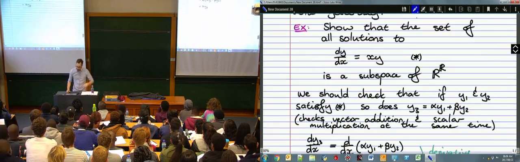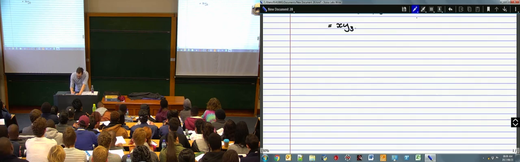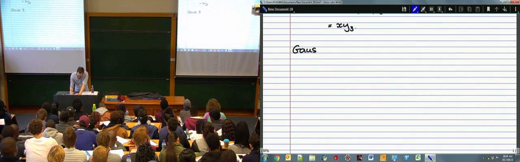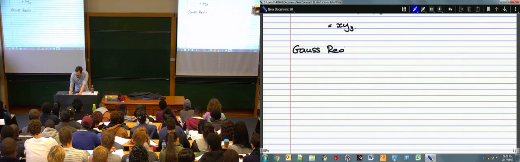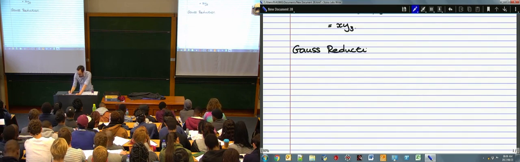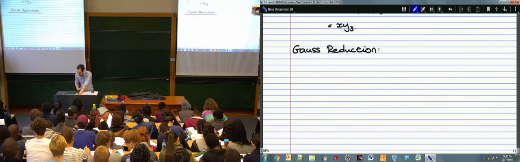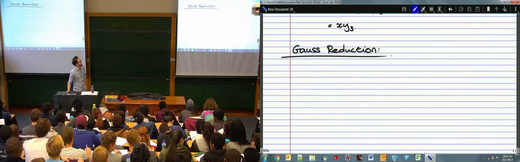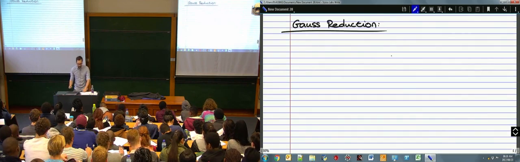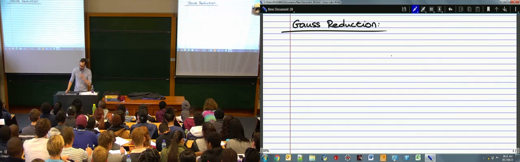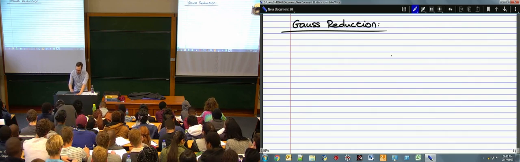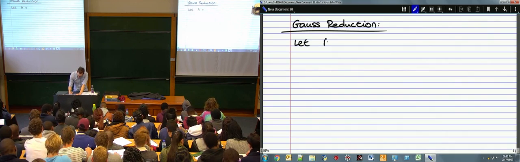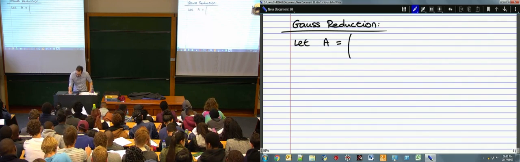We have to talk about Gauss reduction, which is very important but can be quite time-consuming to explain. And you're going to have to watch me carefully, since invariably I'm going to make a mistake with signs or subtraction or something at some stage. But we're going to try to solve the following problem. We're going to say let A be equal to this matrix, and it's a really big, ugly matrix.